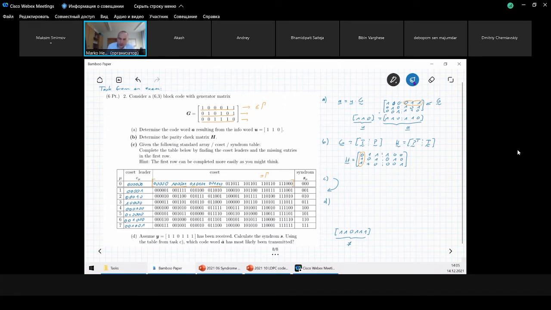Or the guy coming to the doctor, and we want to know what is wrong with him. So we multiply with H transpose to get the syndrome. The first row will be the first column. So this will be H transpose.